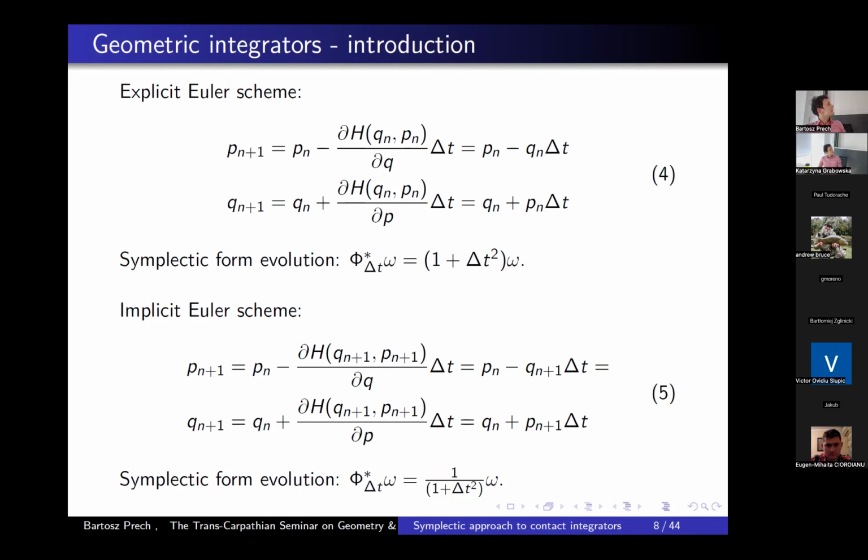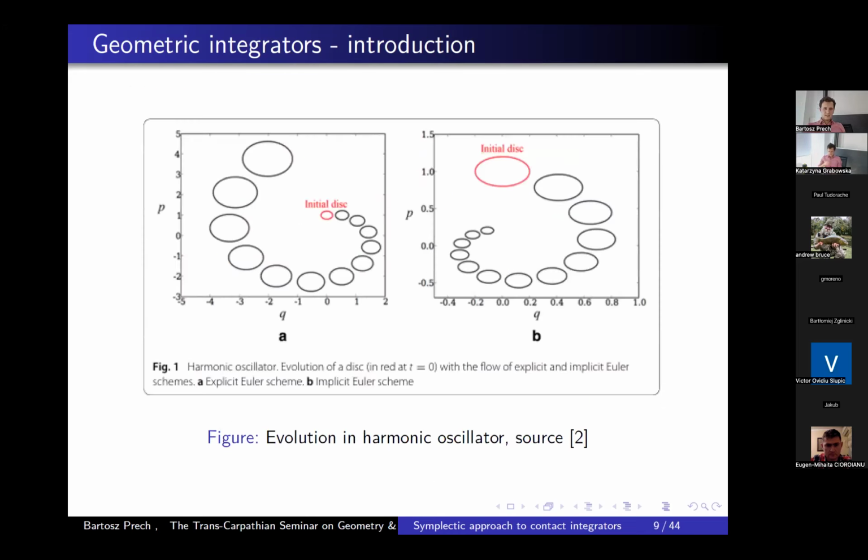The important thing will be the changes in the symplectic form. We see that in both cases, the symplectic form is changed after just one step of integration, and it either grows or gets smaller. This is pretty evident in this example.